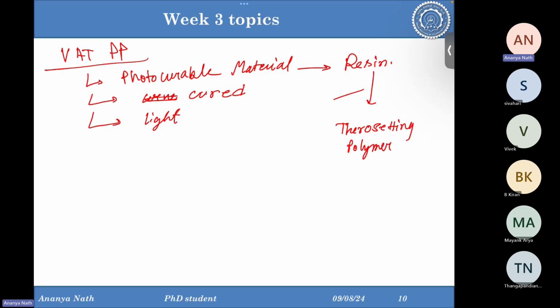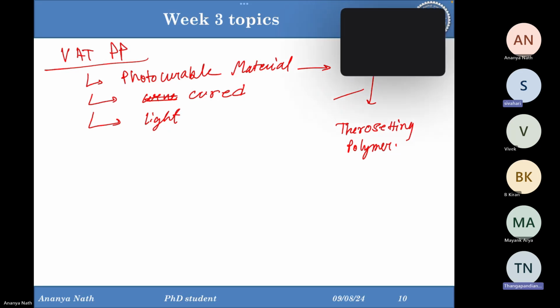Anybody can remember what was thermosetting polymer and what is thermoplastic polymer? Any guess? For example, thermoplastic FDM uses, recyclable, reusable. Thermoplastic or thermoset? Which can be melted and reused?